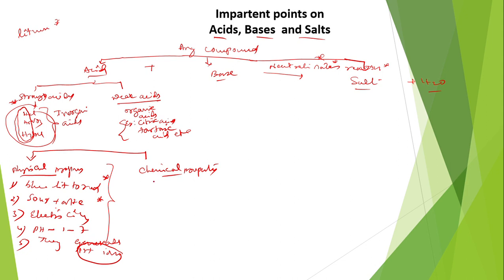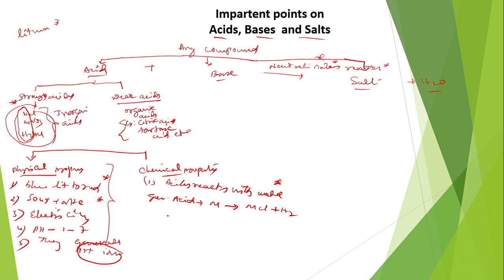Number one, acids react with metal. What will you get? This is also an important question. They may ask in the exam. Acid plus metal, you will get a metal chloride plus hydrogen gas. This is a general example.